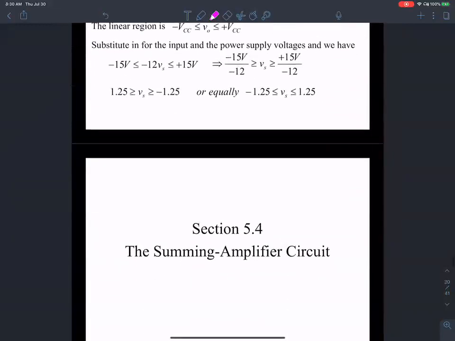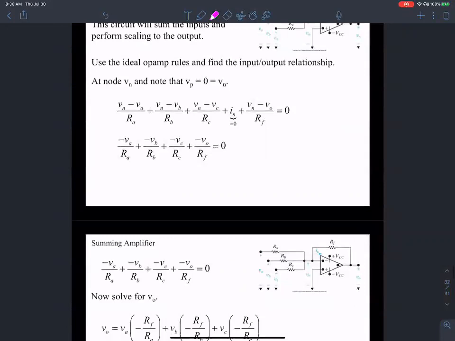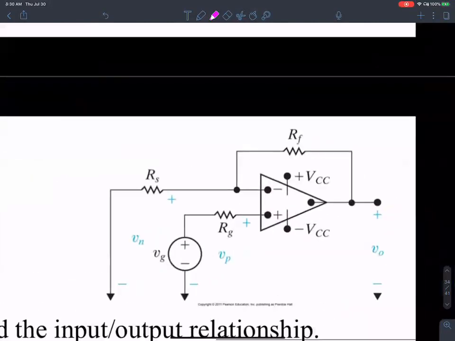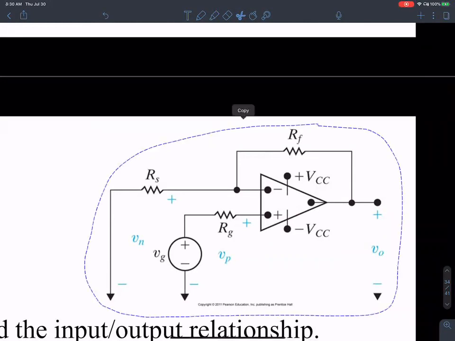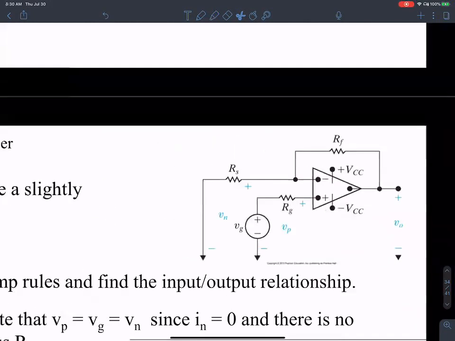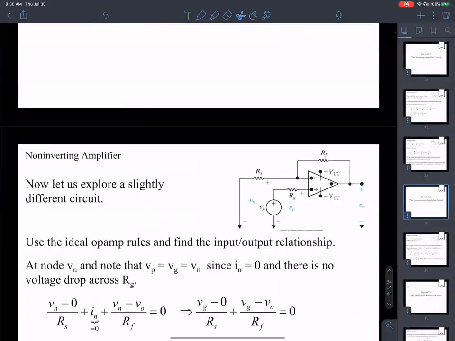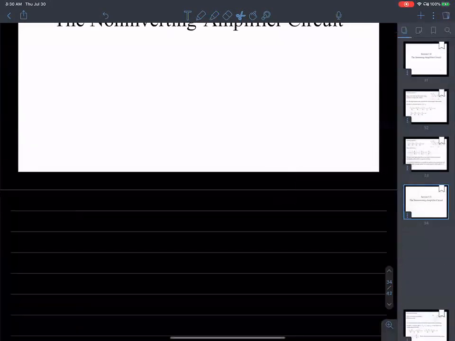Let's see if we can do another analysis. We'll go to the non-inverting amplifier analysis. I'm going to copy this circuit and add a page over here and paste it.